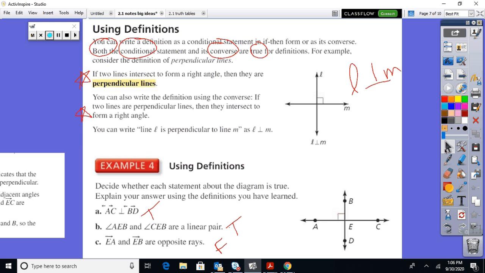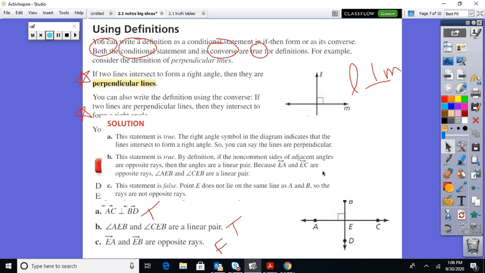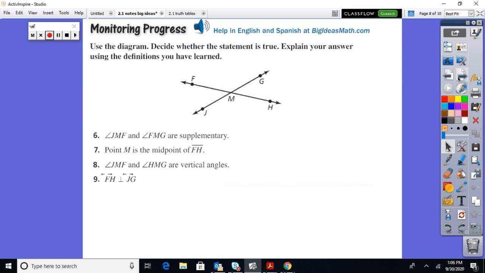You want to explain it. Here you go. The first statement is true by definition. And of course, the statement in C is false, also reverting back to the definition of opposite rays. All right, pause the video here, pick it back up, see what you come up with.